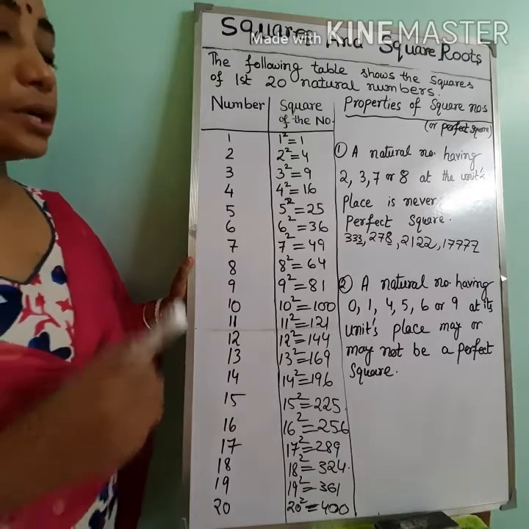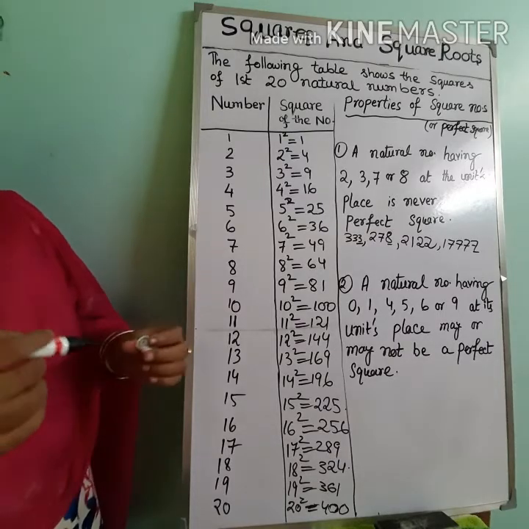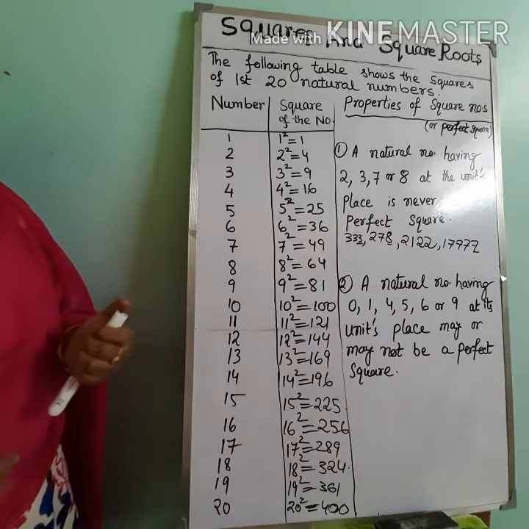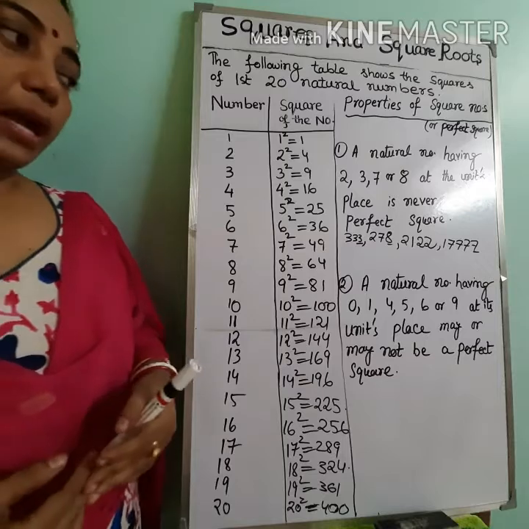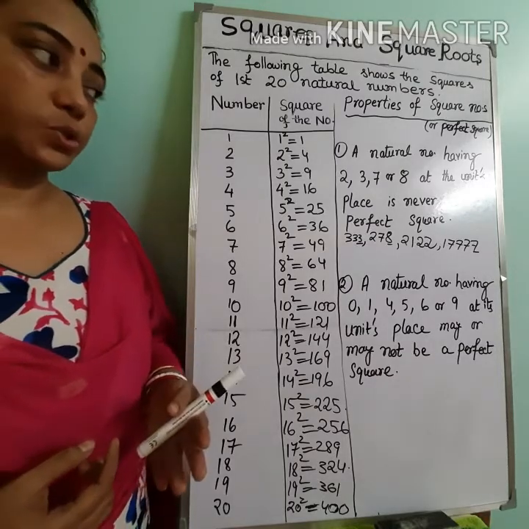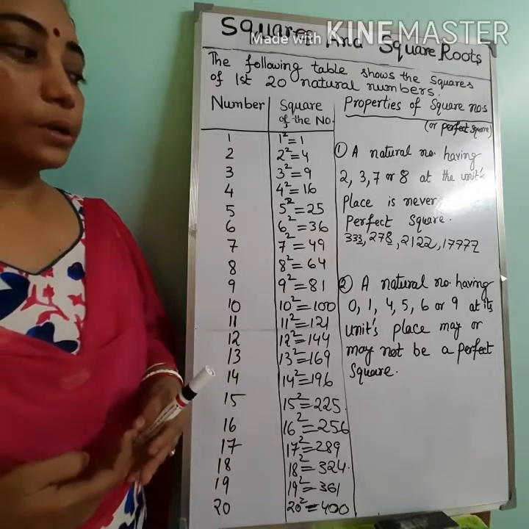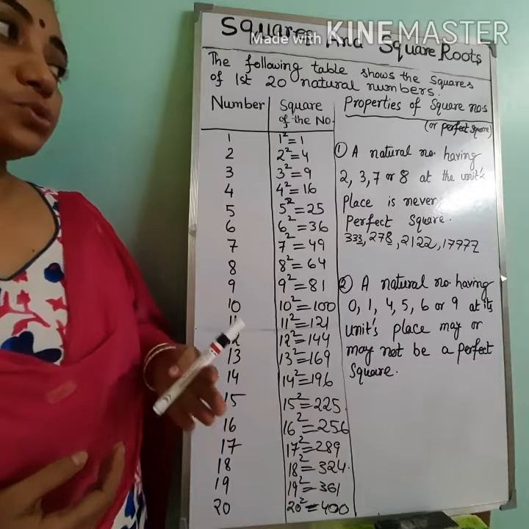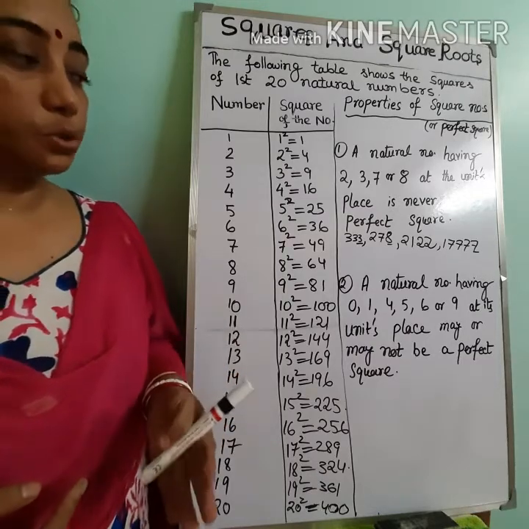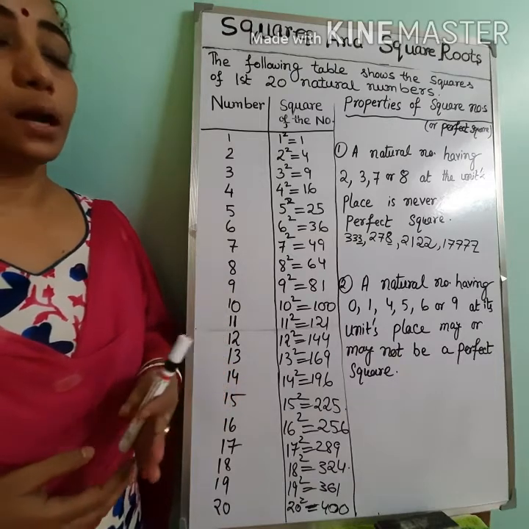So a very important rule is that a natural number having 2, 3, 7 or 8 at its unit place is never a perfect square. Whatever number is given, if it is asked whether it is a perfect square or not, we will check the unit place of the given number, and if any one of the digits 2, 3, 7 or 8 is present at its unit place, then that number will never be a perfect square.